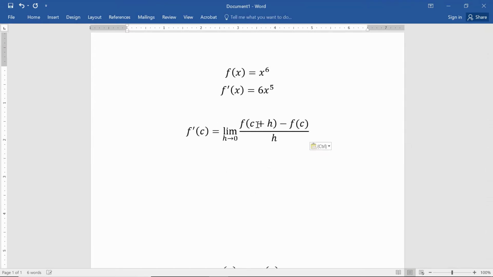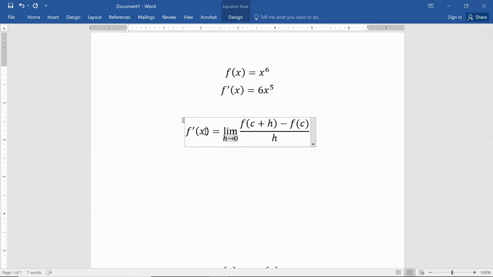I want to make sure you understand a little bit about the power rule, how it works out, and also why it exists. So I'm going to go through the definition. You don't have to write this down, but I want you to get an understanding of where the power rule is coming from. And I'm going to do it using this x to the 6th example. So let's say I wanted to find the general derivative f prime of x.